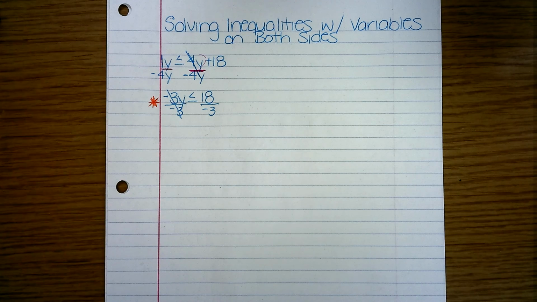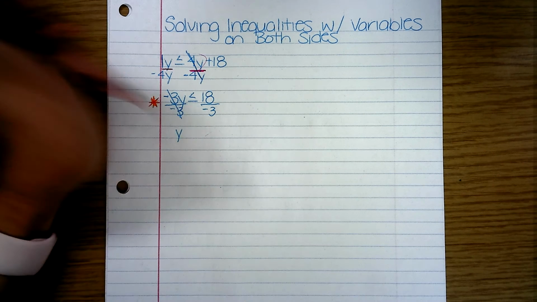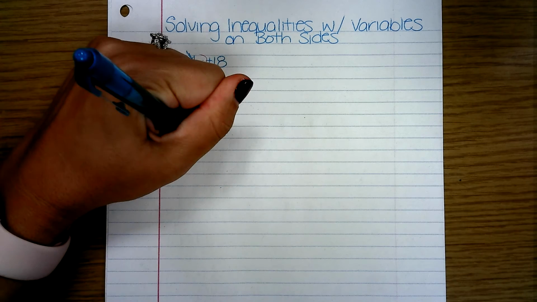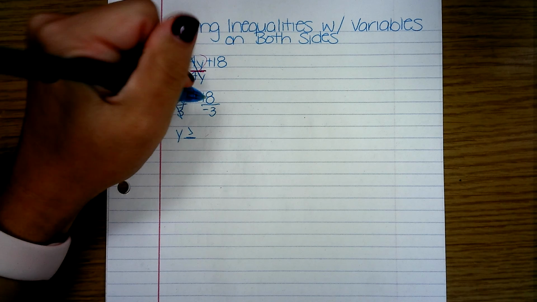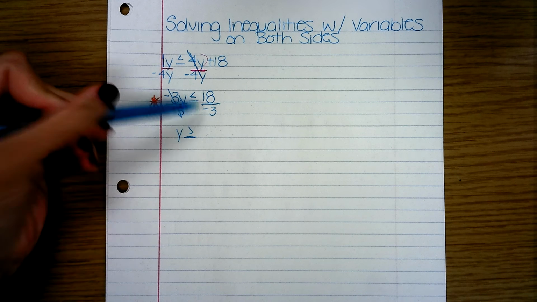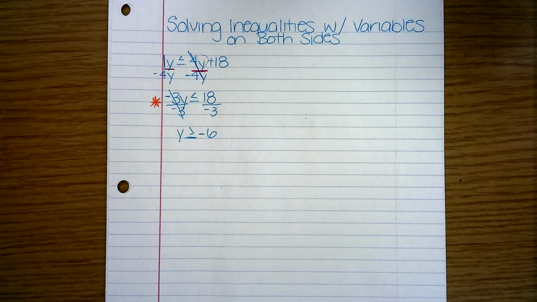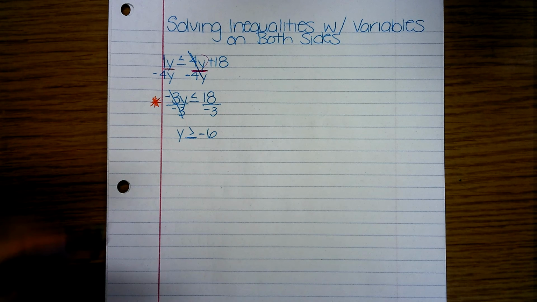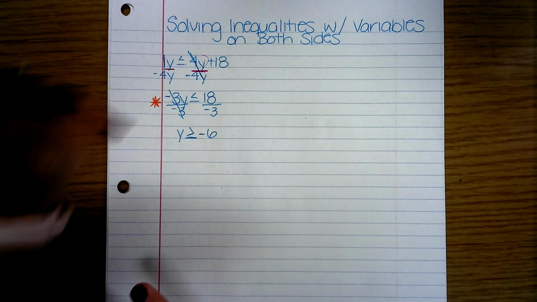So the negative 3's cancel, y, but now instead of it being less than or equal to, I have to flip it to greater than or equal to. And 18 divided by negative 3, I put it in my calculator, is negative 6. So my solution becomes y is greater than or equal to negative 6.